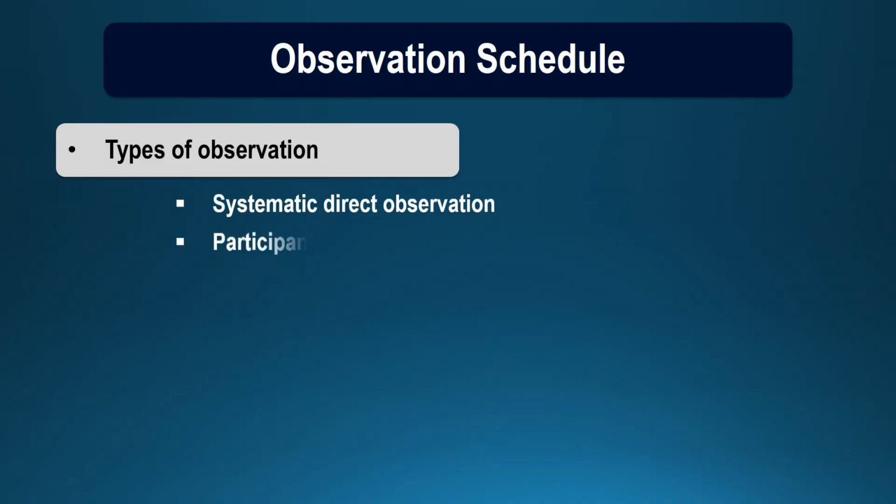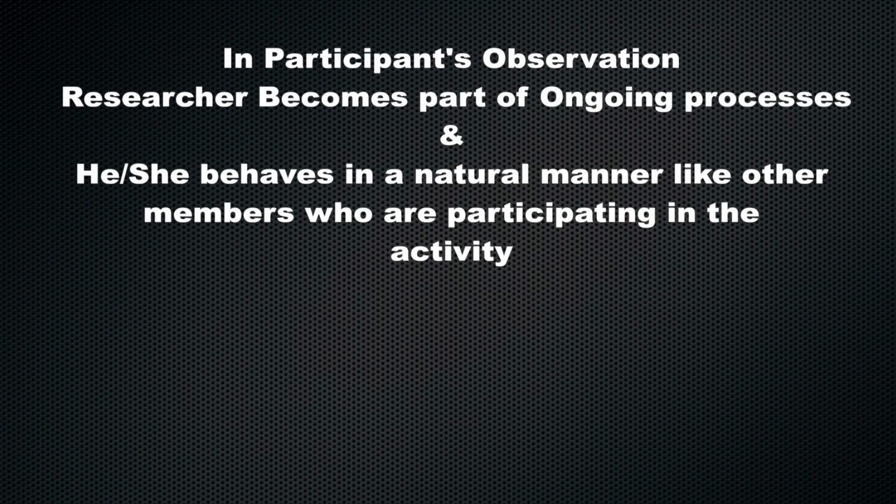There can be participant observations where the researcher becomes a part of the ongoing processes, phenomena, and he tries to behave in a natural manner like other members who are participating in the activity and does not convey his identity to the person who is involved in the process.